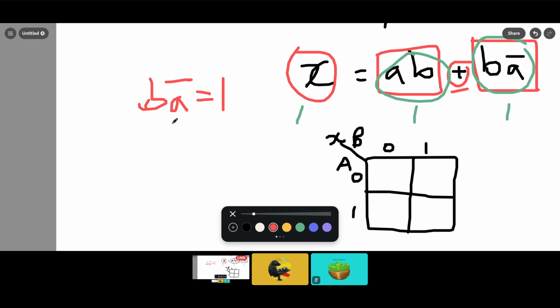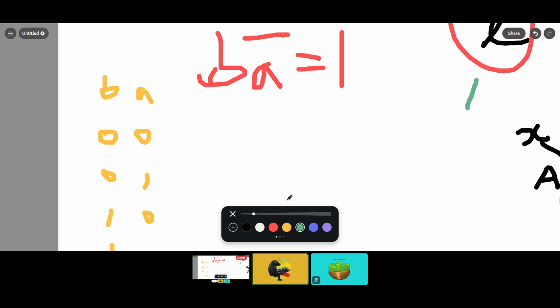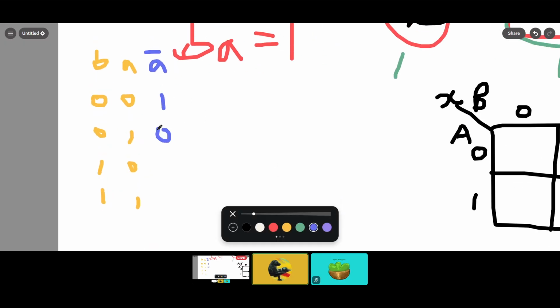We can. Let's write out all the possible cases again. All the possible cases is like this. Okay, this is AB, or BA rather. But there's actually a bar here. So let's have a version here, A bar, and then we'll get this.